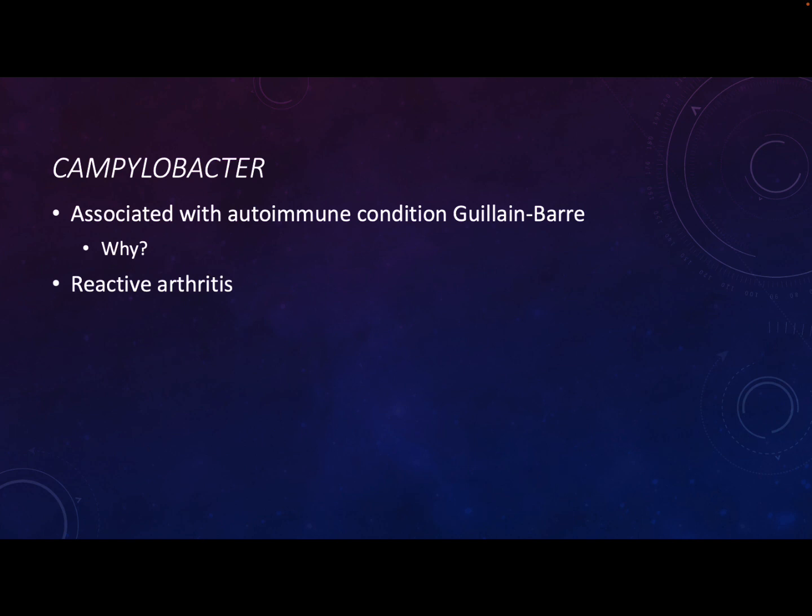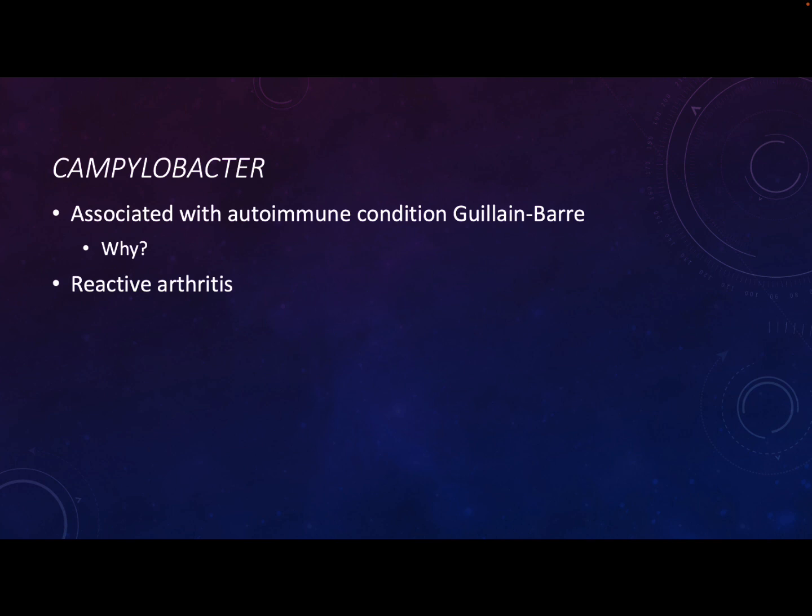When our immune system is mounting an immune response against Campylobacter, in some patients you get cross-reactivity, where the antibodies that were generated to fight the Campylobacter infection actually will target the host as well. It's a rare complication, but it happens often enough that scientists have been able to identify that this is what happens following some patients' infections with Campylobacter.